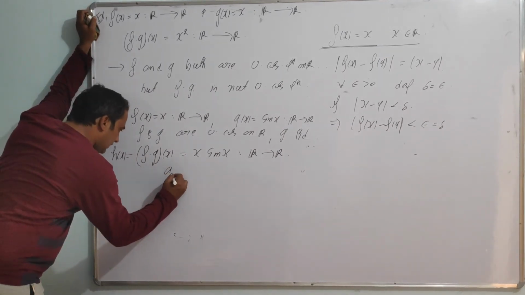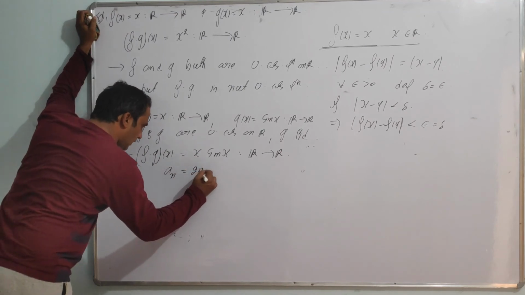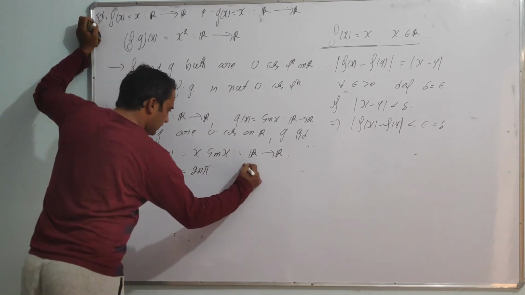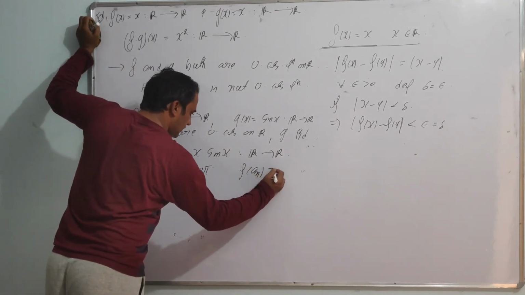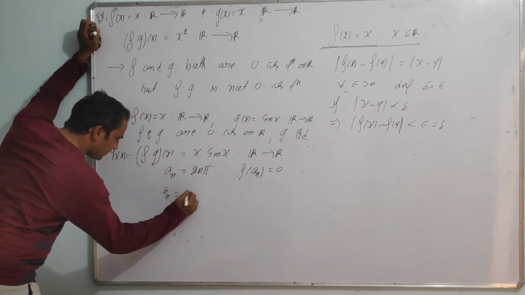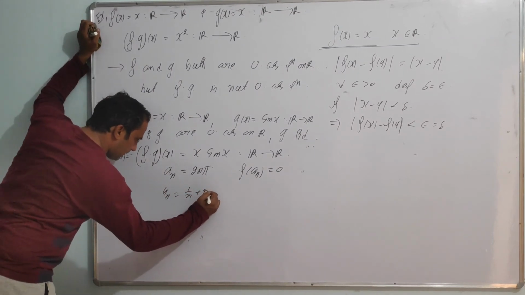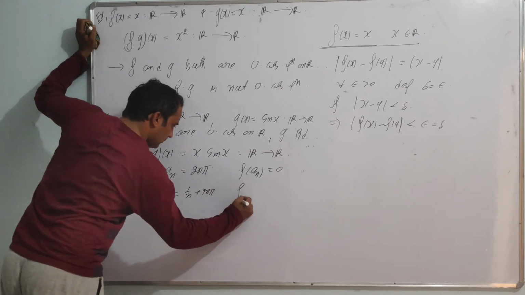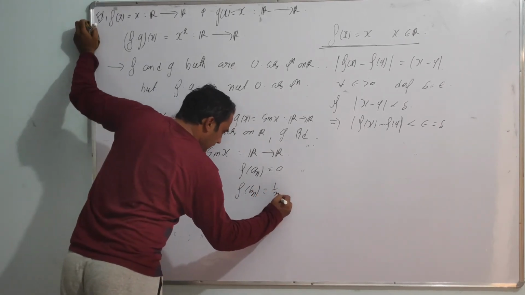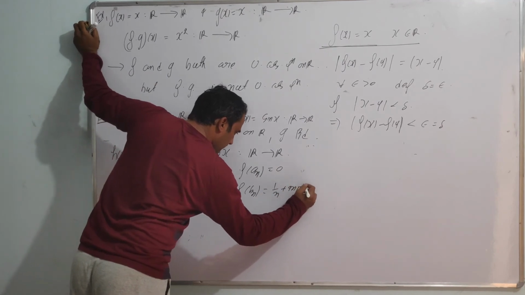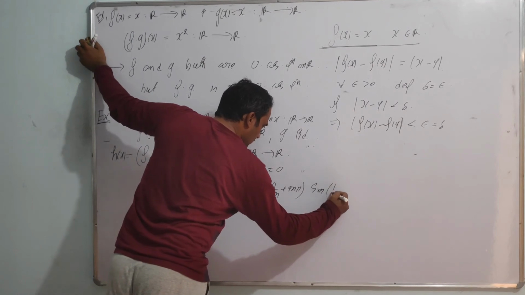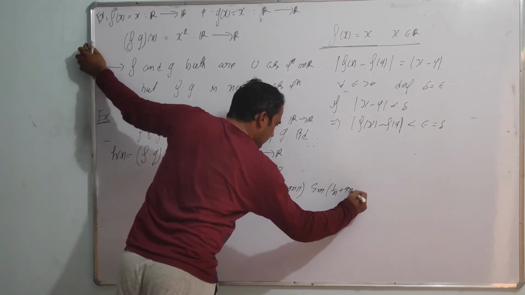So if we take a sequence a_n equal to 2n pi, then definitely h(a_n) is equal to 0, and b_n is 1/n plus 2n pi. So this implies h(b_n), which is (1/n plus 2n pi) times sine of (1/n plus 2n pi).